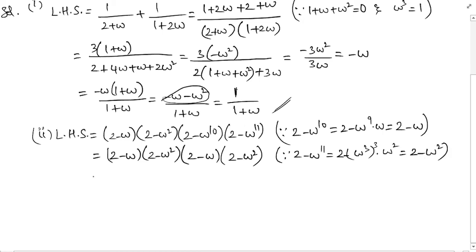Okay, so this will be equal to (2 minus omega) into (2 minus omega square) and the whole square.